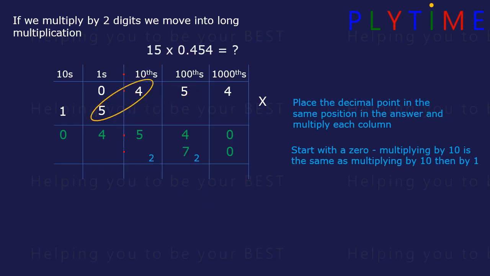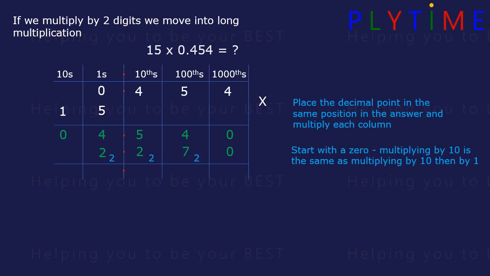Again, 5 multiplied by 4 is 20, plus the 2 we've brought forward is 22. So we write the 2 and carry the 2 forward. 5 multiplied by 0 is 0, but we've got 2 carried forward, so we write the 2.